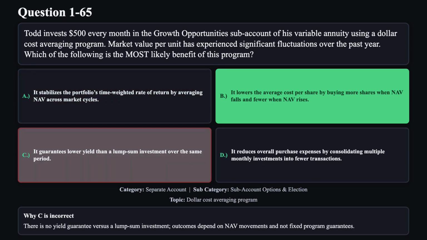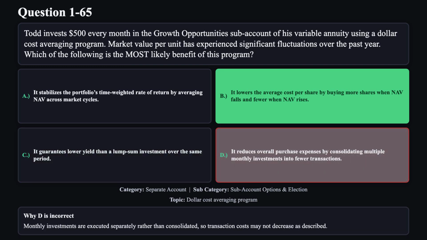Reason C is not correct. There is no yield guarantee versus a lump sum investment. Outcomes depend on NAV movements and not fixed program guarantees. Reason D is not correct. Monthly investments are executed separately rather than consolidated, so transaction costs may not decrease as described.